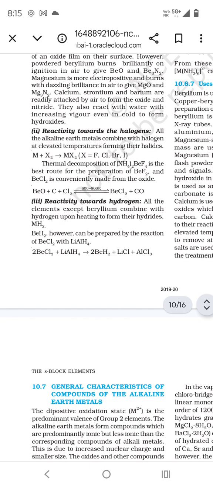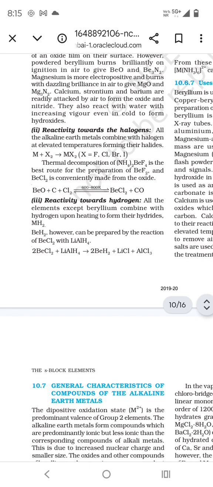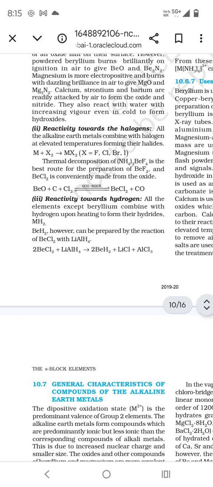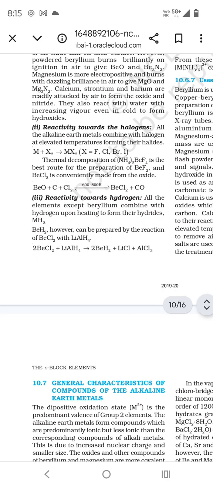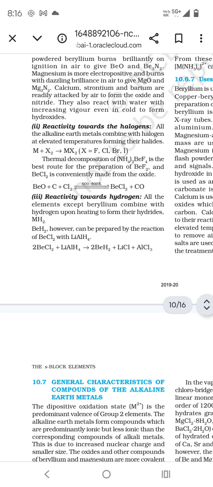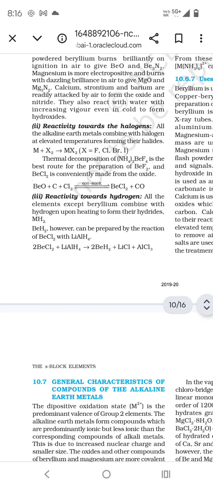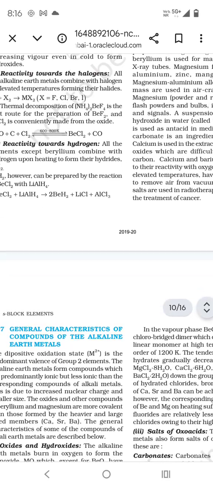Reactivity towards the halogens. The alkaline earth metals combine with the halogens at elevated temperatures, forming their halides. The thermal decomposition of (NH4)2BeF4 is the best route for the preparation of BeF2.